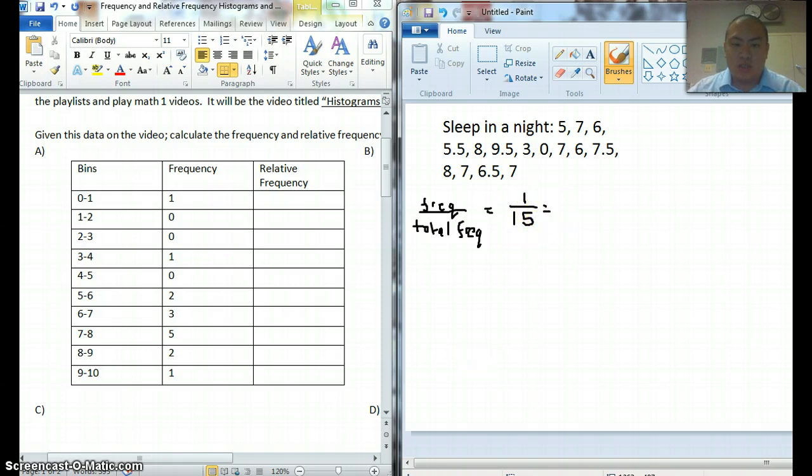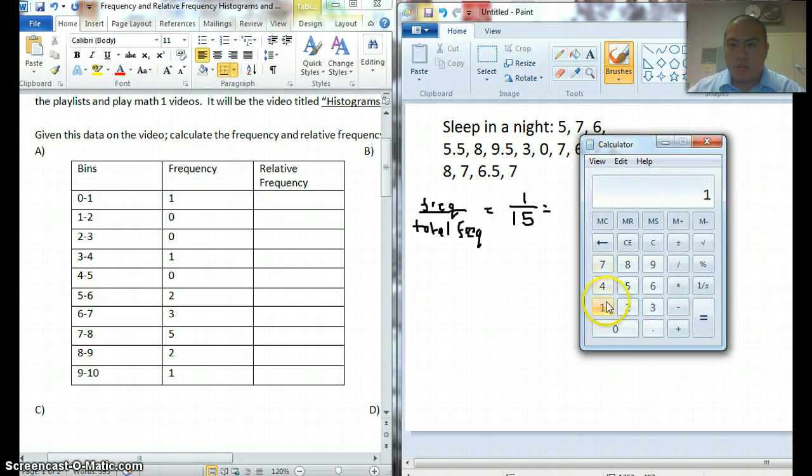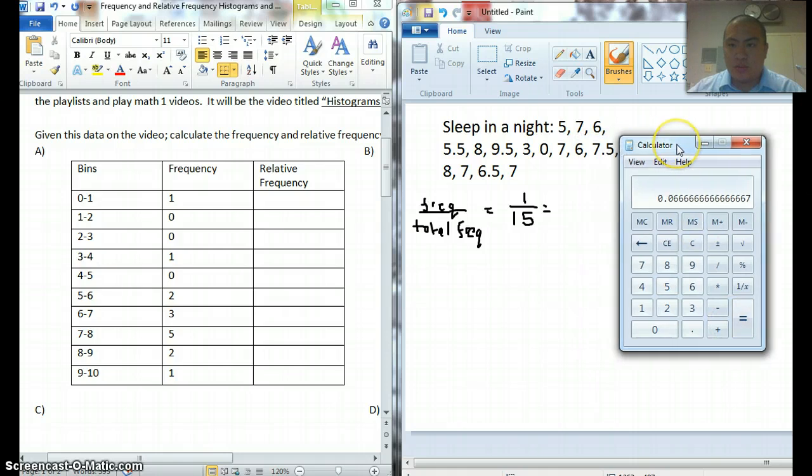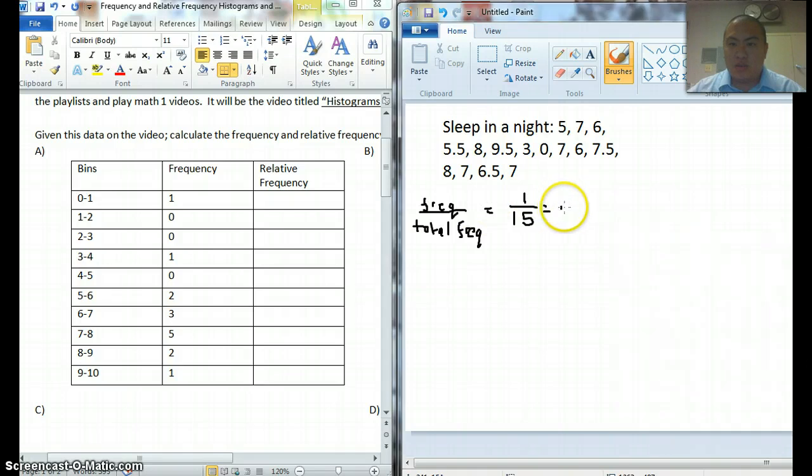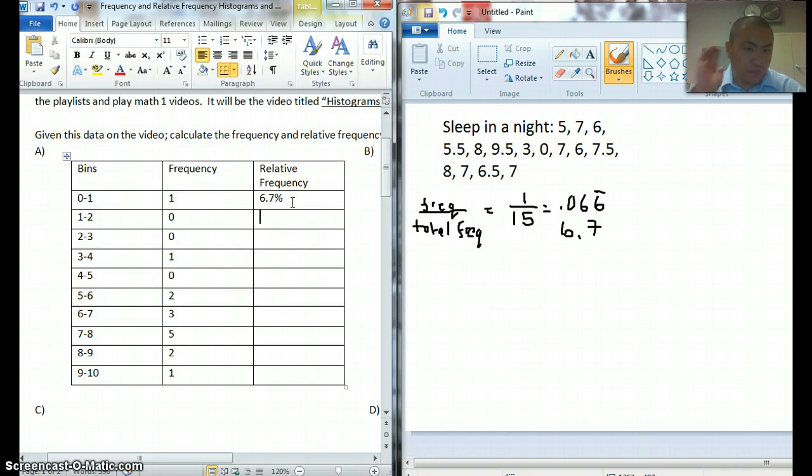That should give me a percentage. 1 divided by 15 is 0.0666, and it keeps going. As a percentage, that is 6.7%. For this one, 0 is 0%, and this one is also 0%. For the ones that are 1, that's also 6.7%.